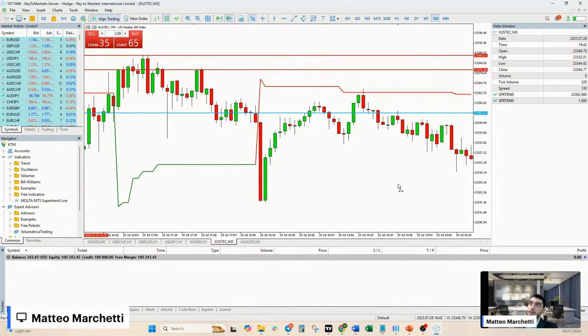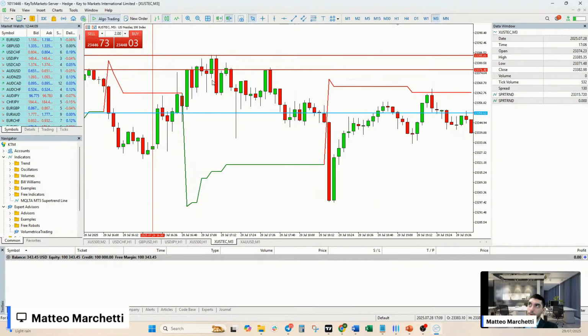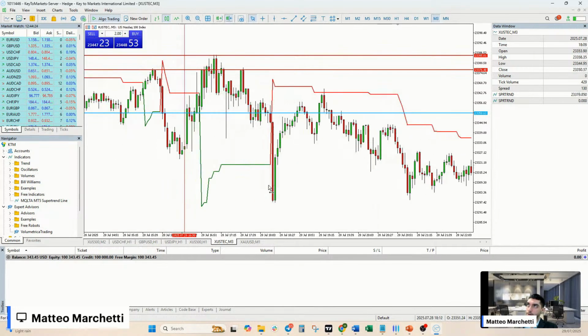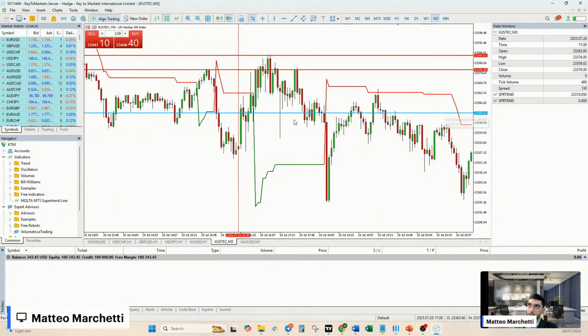Okay, then the same day, so we have one stop loss, then the same day we have another potential trade. So we have a bar that closes way below the super trend. This is clearly an excess. Okay, look at the surrounding bars or candles.